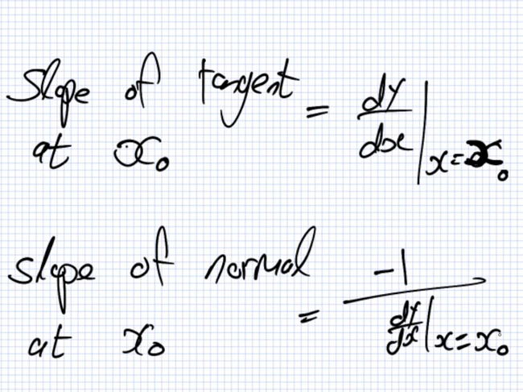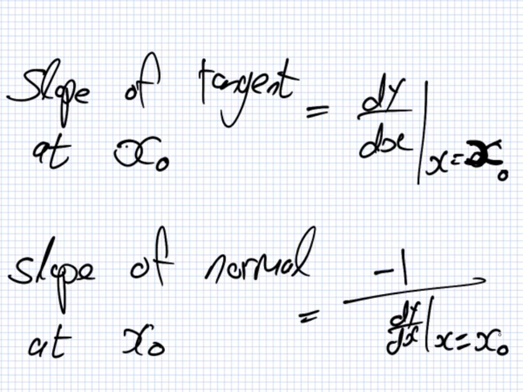And here's my point, so I shall use this now. 1, e. So I'll get e equals minus 1 over e plus c. So c equals e plus 1 over e. So now I have my answer.